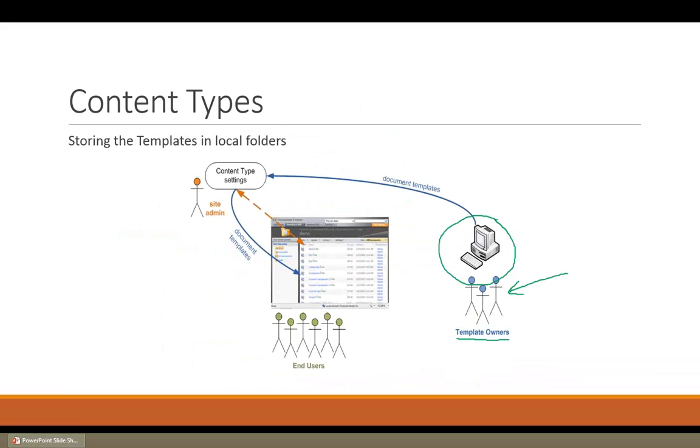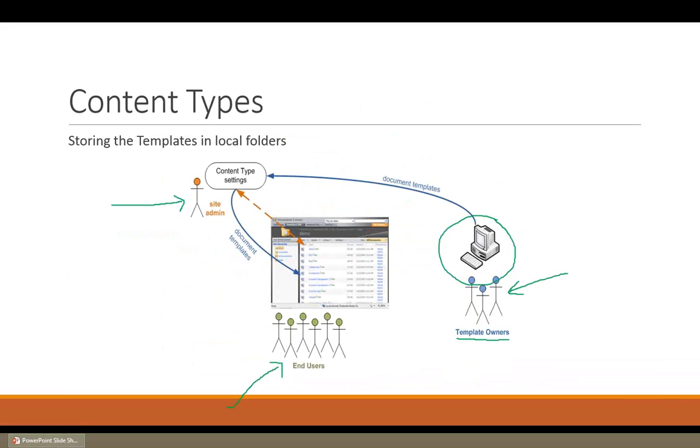And obviously, the site administrator is the one who can create the contract content types. So, for example, he or she can create a document library and assign the contracts to this document library, so the end users can create contracts in this document library by this template.